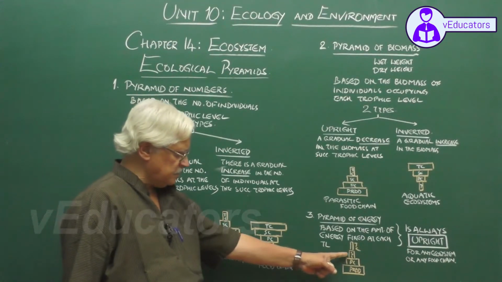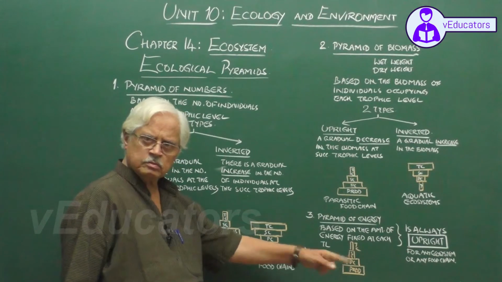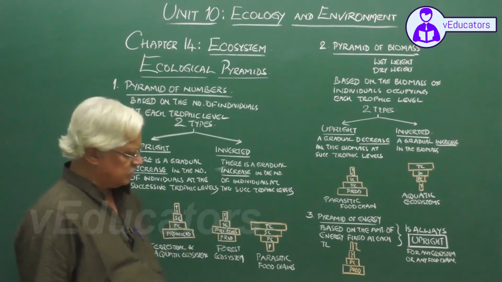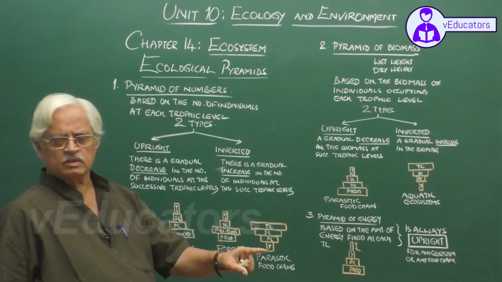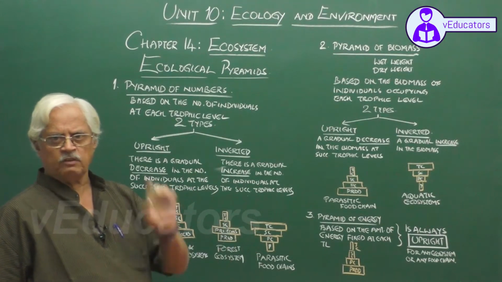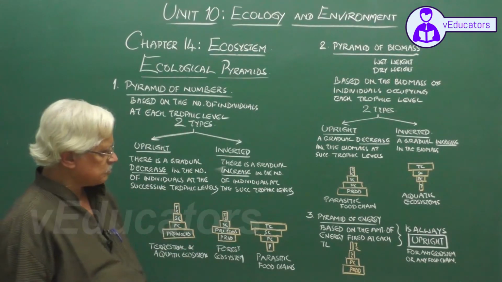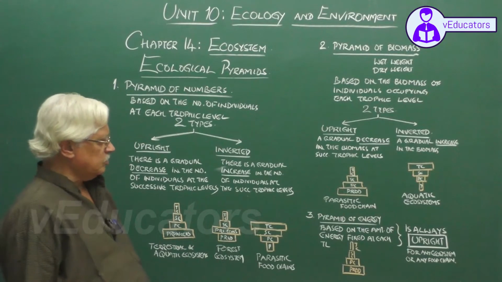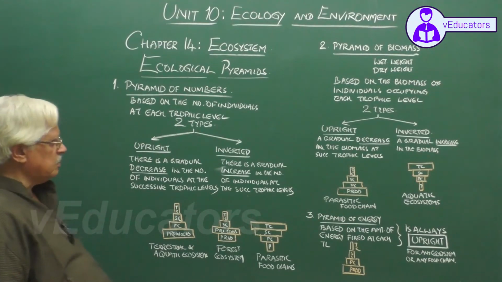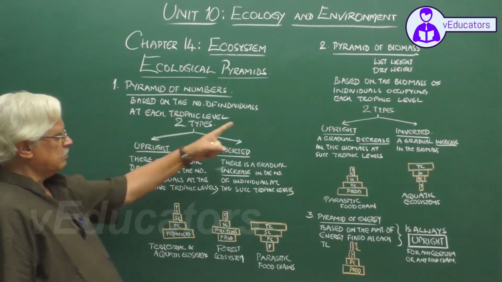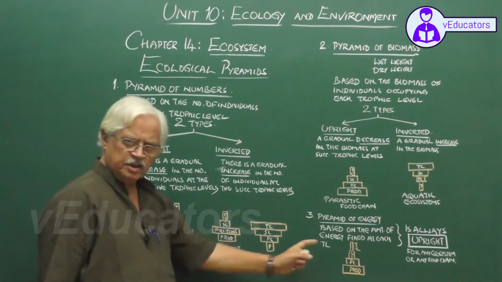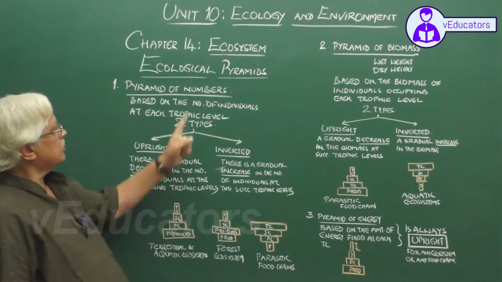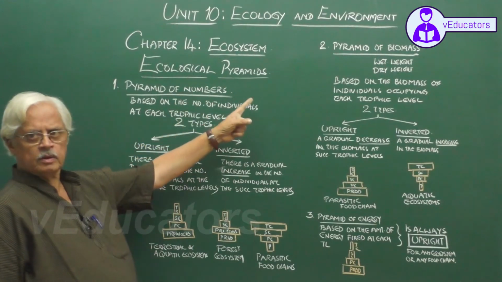Energy conversion efficiency in carnivores, first order or second order carnivores, is much less than the energy conversion efficiency of herbivores. So, this kind of representation in terms of number, biomass and energy, these are known as ecological pyramids.